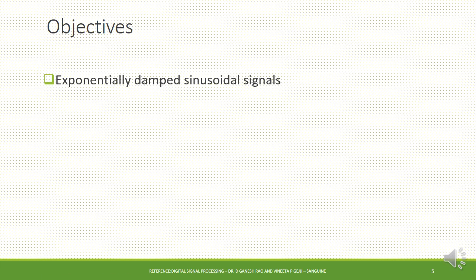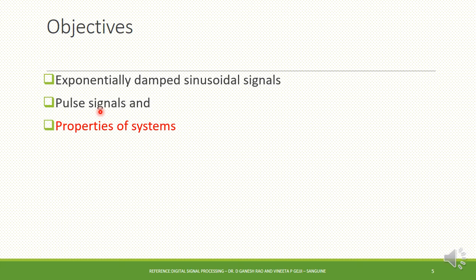In today's class, we are continuing with the exponentially damped sinusoidal signals and the pulse signals for the discrete time signals. You studied the same signals for the continuous case also. And we are also going to complete the properties of the systems.